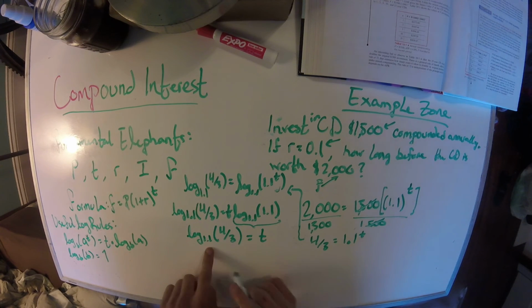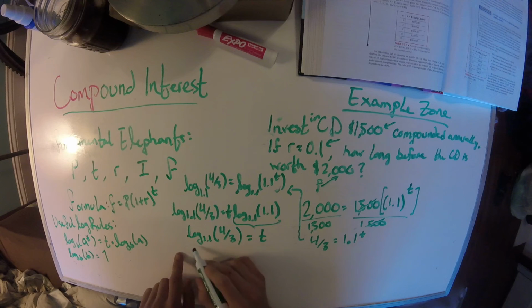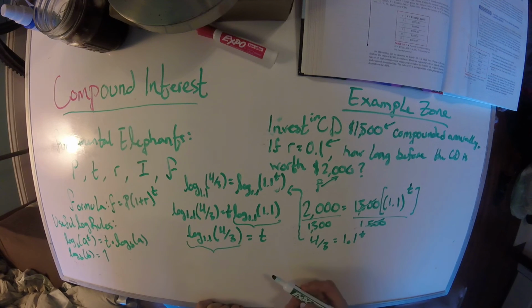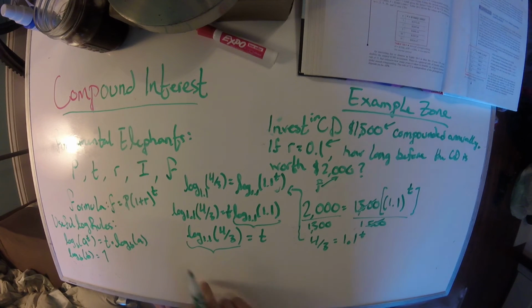So now we have solved for t, but we still don't really know what this value is, so we need to figure that out. And how do we do that? Because I don't know how to put log base 1.1 into my calculator, right? That's like some weird button that probably I have to press second, shift, whatever to do.